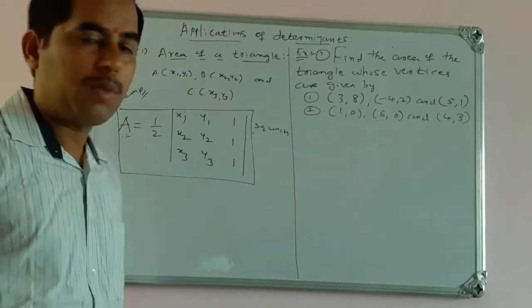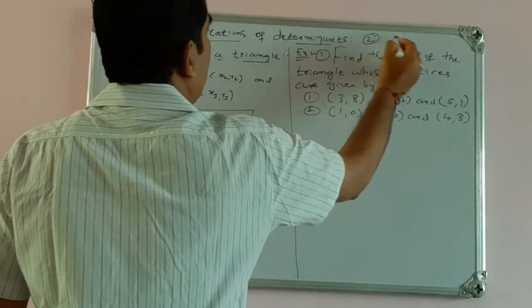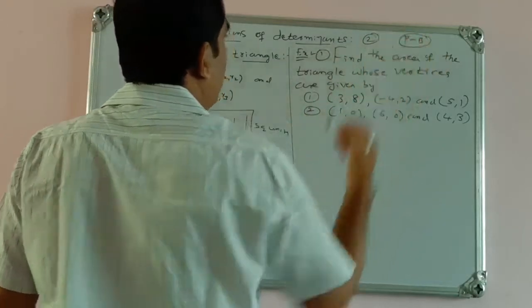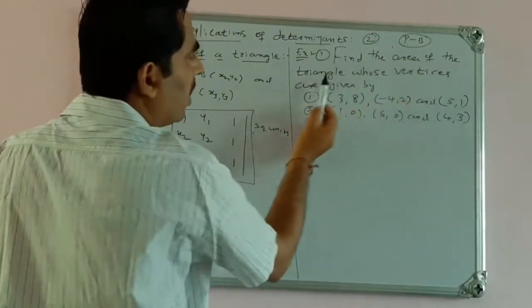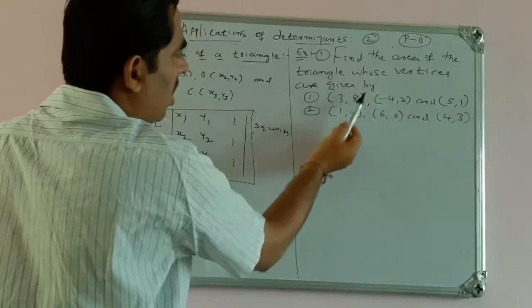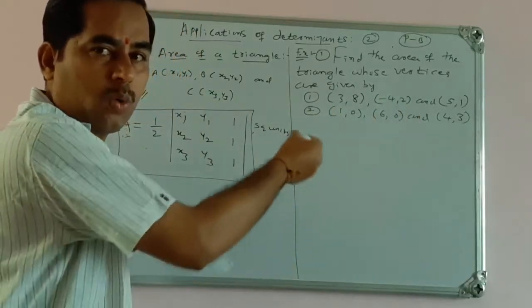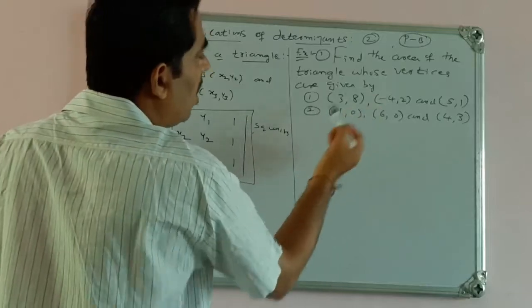I have considered two examples here. It is a 2 marks question. It may be asked in part B. Find the area of the triangle whose vertices are these. I have considered two examples at a time. Let us solve them one by one.